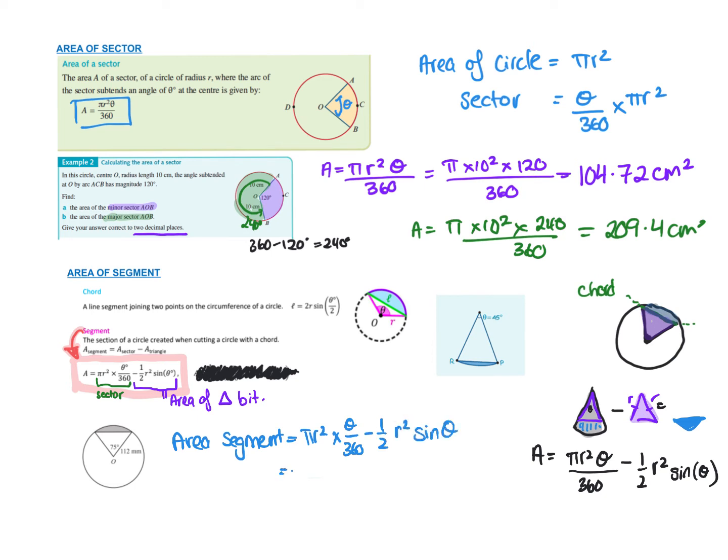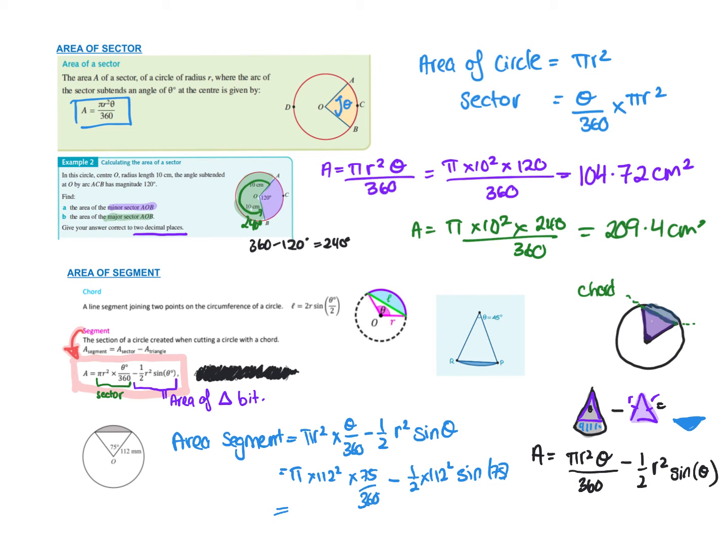In this case, it would be pi times 112 squared times 75 over 360 minus a half times 112 squared sine 75. Okay, and you'll end up with an answer, which I did here. And sorry, we don't have the exact.